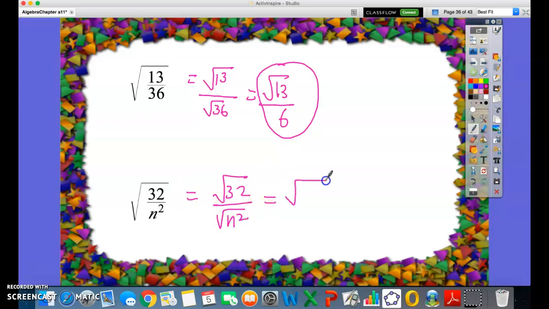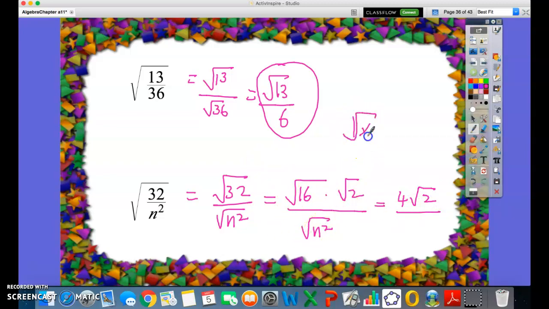I can simplify 32 as 16 times 2, so the square root of 16 times the square root of 2, over the square root of n squared. The square root of 16 is 4, so 4 root 2 over, remember, the square root of x squared equals the absolute value of x. So the square root of n squared is the absolute value of n.